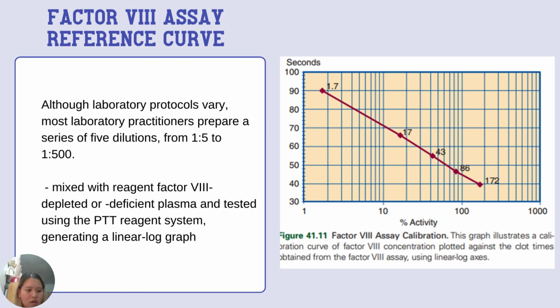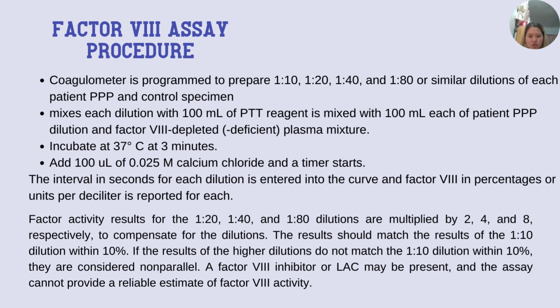This graph illustrates a calibration curve of factor 8 concentration plotted against the clot times obtained from the factor 8 assays using linear log axes. So for factor 8 assay procedure, it's just the same as the other procedure, but it mixes each dilution with 100 µL of PTT reagent and 100 µL each of patient PPP dilution and factor 8 depleted or deficient plasma mixture.